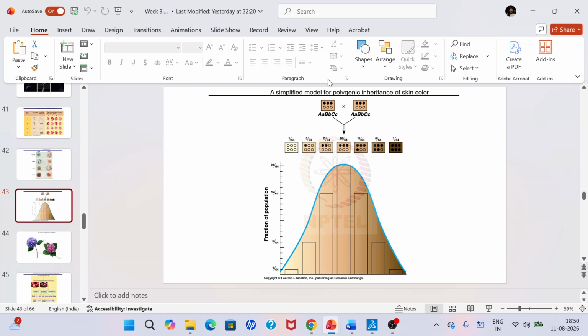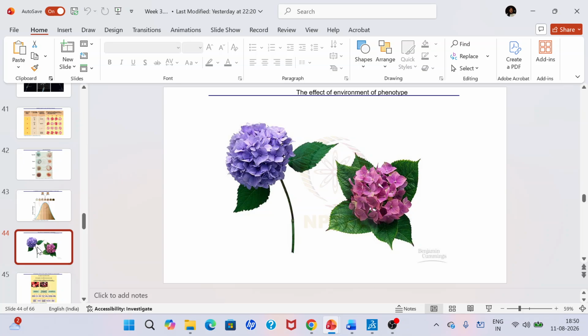This shows how polygenic inheritance of skin color occurs. Again, three genes control skin color expression.